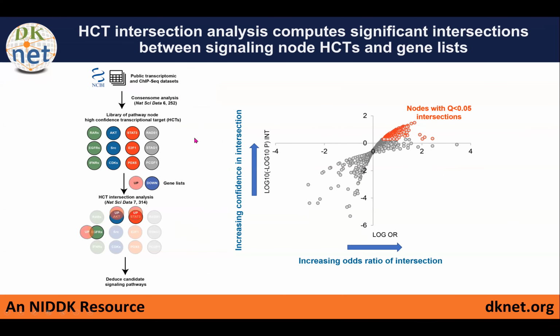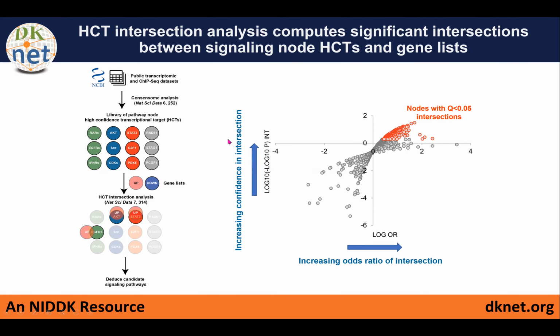So in order to do this, we developed a new analytical pipeline, HCT intersection analysis, which, as the name implies, computes significant intersections between the SARS-CoV-2 HCTs and those from our large library of high confidence targets within SPP.